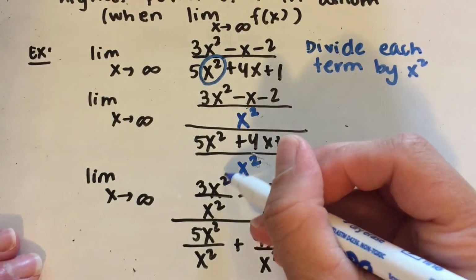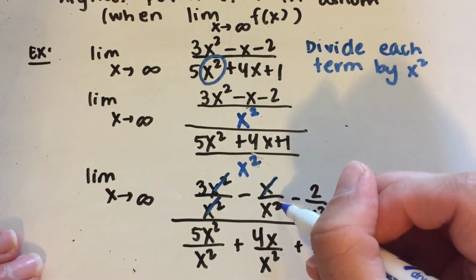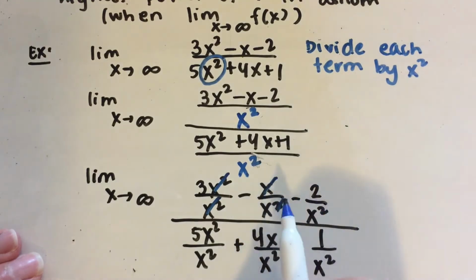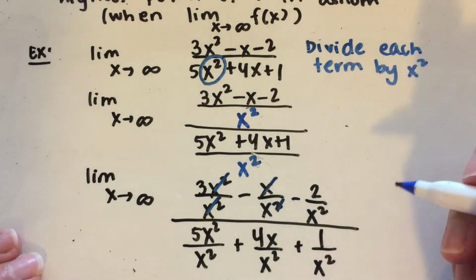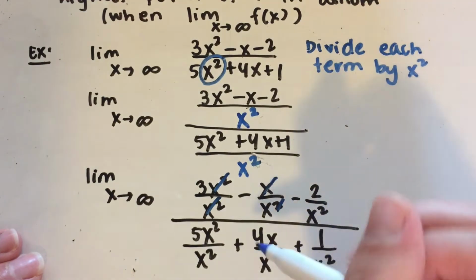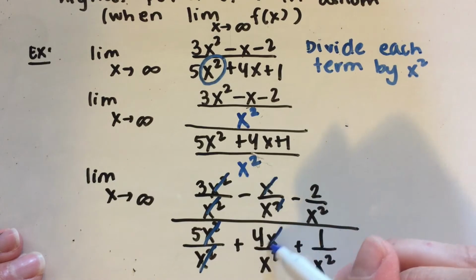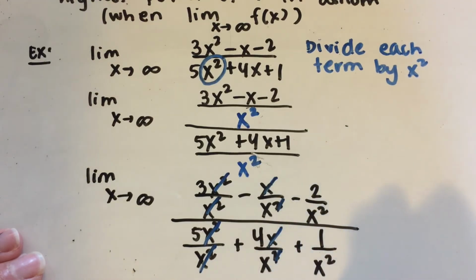So here the x squareds will cancel. The x will cancel with one of the x's in the x squared, so we just have 1 over x for this term. And then this is 2 over x squared. These will cancel. And then this one will just be 4 over x.